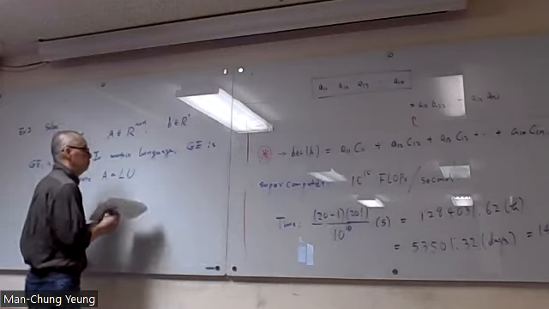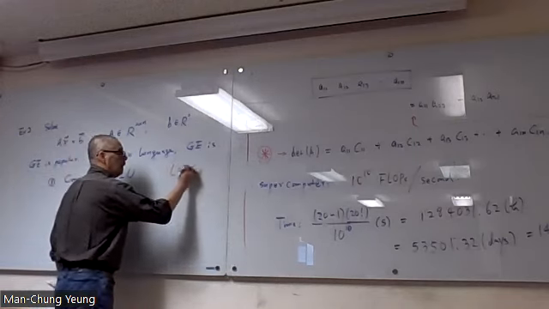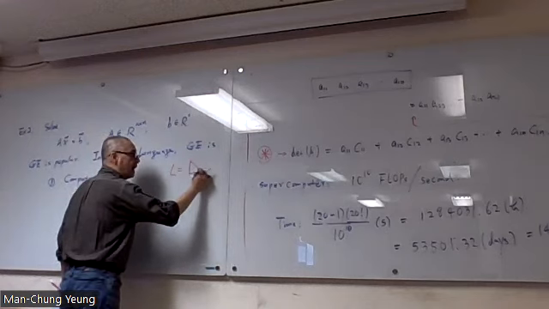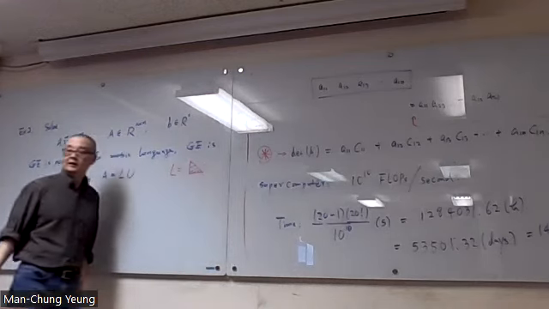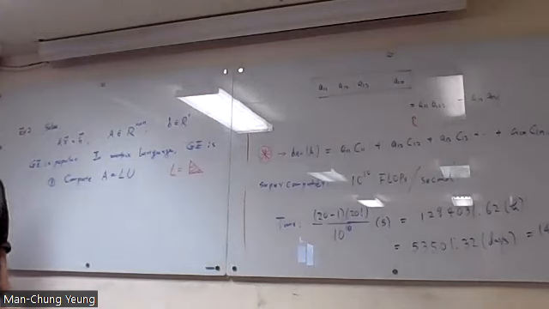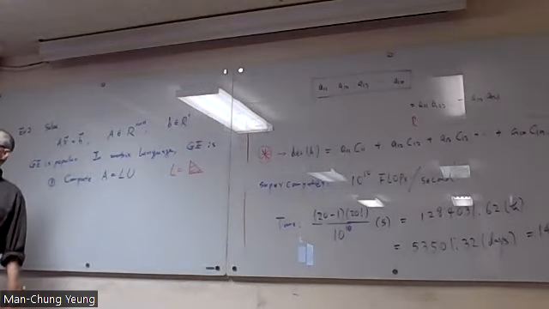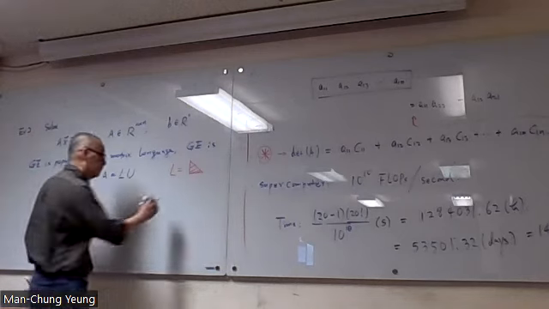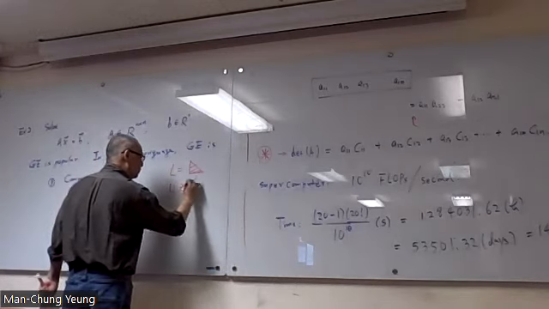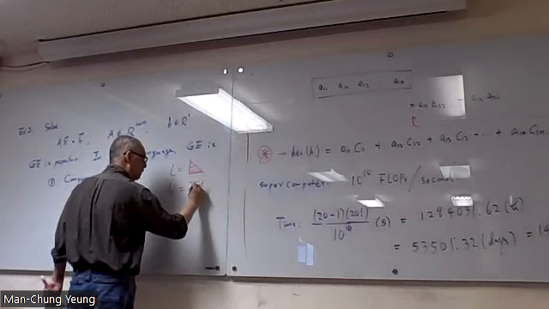L is a lower triangular matrix. U is an upper triangular matrix.